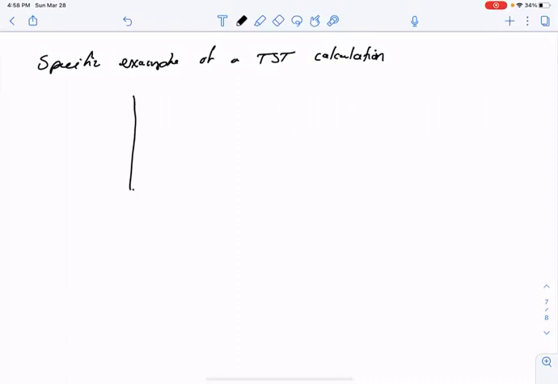So let's imagine, for example, that we have this free energy profile, omega of Q, which is locally harmonic about basin A, and locally harmonic around the barrier.